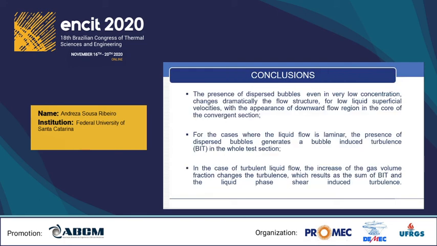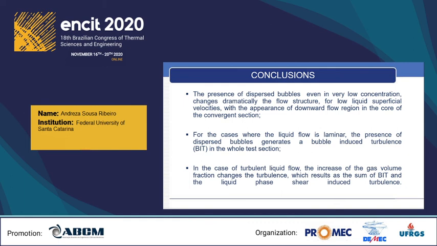So, in conclusion, we showed that the presence of dispersed bubbles at very low concentration changes dramatically the flow structure for low liquid superficial velocities, with the appearance of a downward flow region in the core of the convergent section.